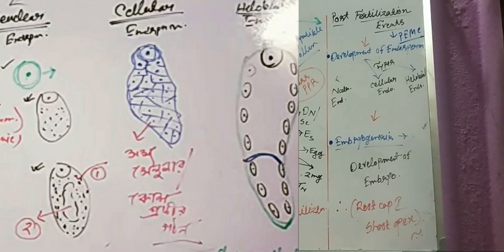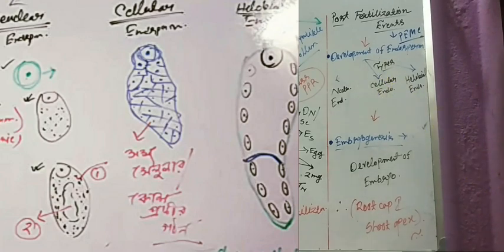Every division of the endosperm nucleus is followed by cytokinesis. It occurs in about 72 families, like Datura, Petunia, etc.